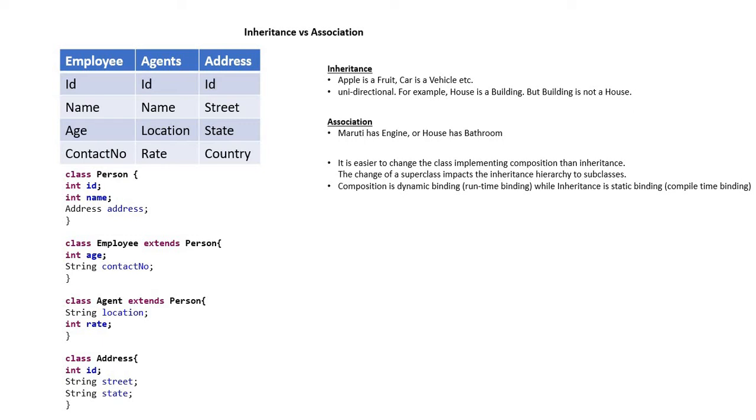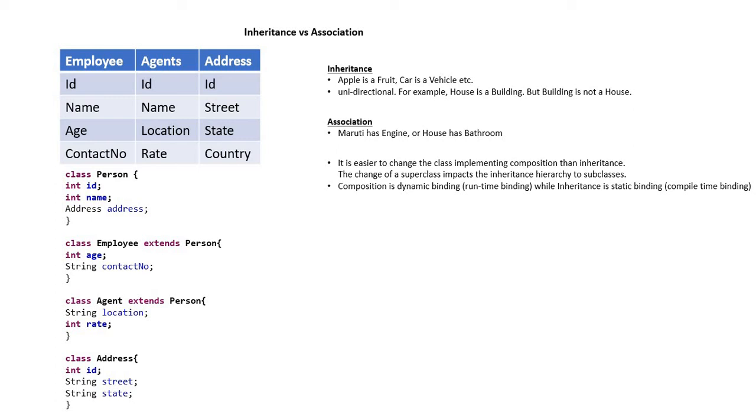So any changes you are doing in address are not directly going to impact your child classes, at least at a compilation level, right? You should be good enough. So association is always good to make a change at runtime.